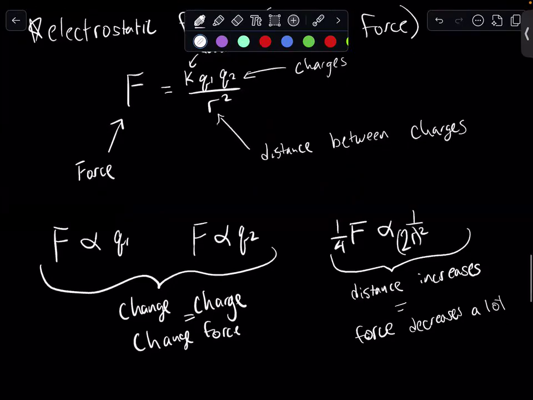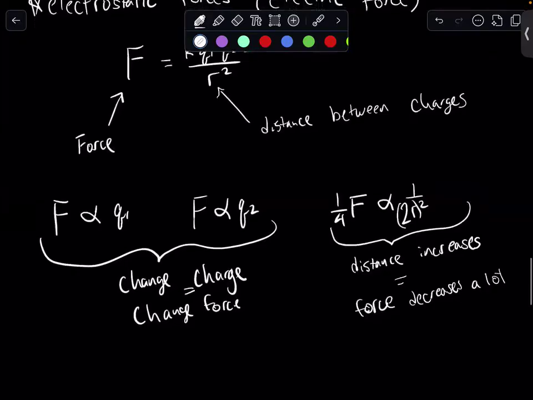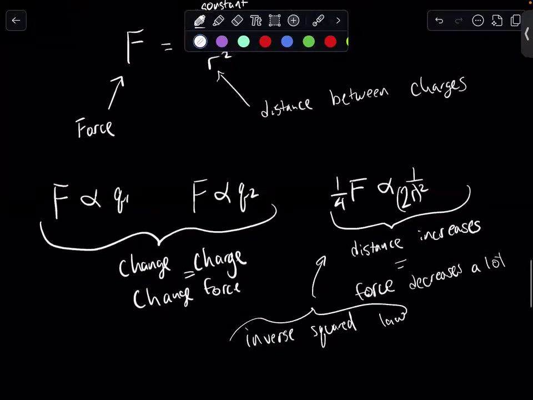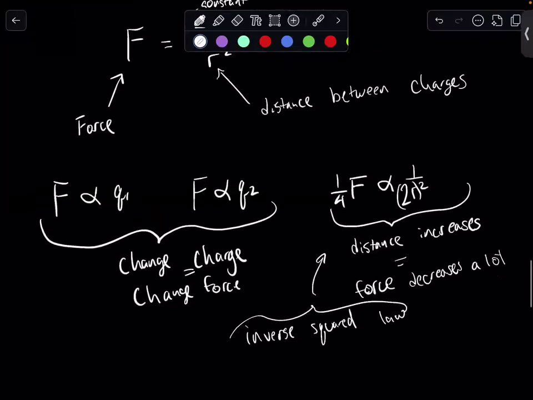This is what the inverse squared law states, which describes any force that is radial. So that's kind of what this is all based on. Any force that is radial around a central object dissipates in terms of the inverse squared law. So the further away we get, the much more drastically low the force becomes.